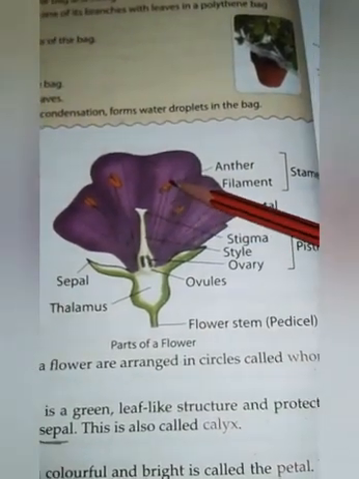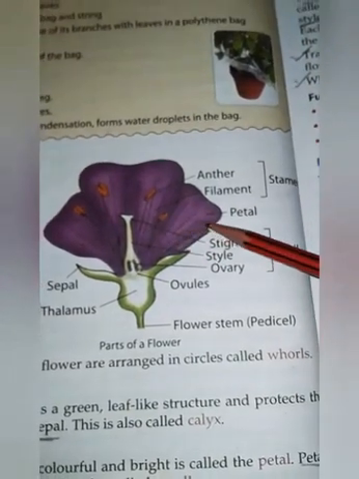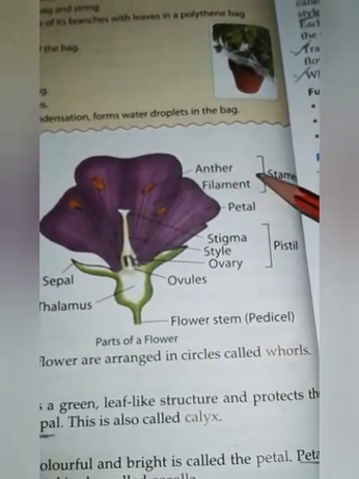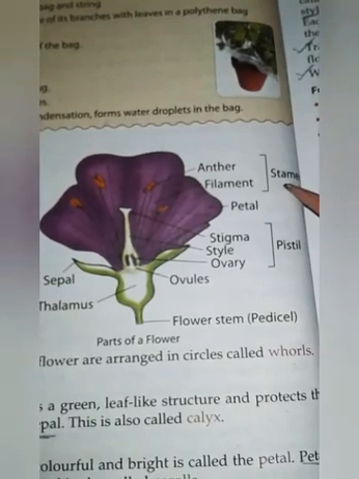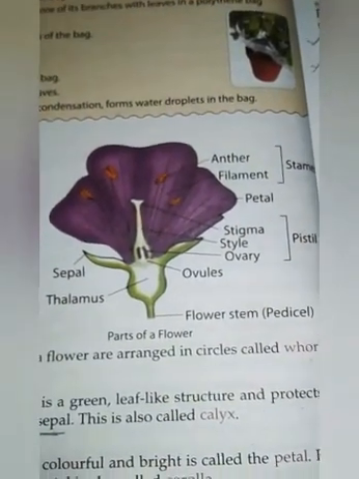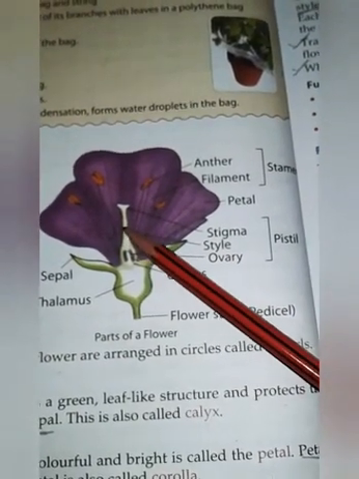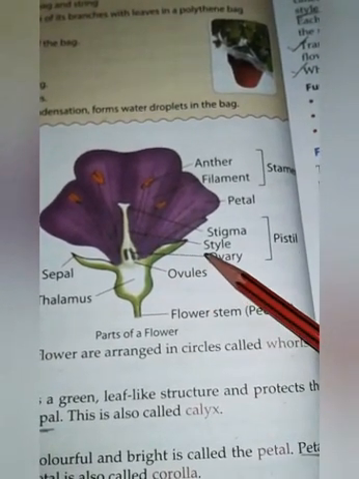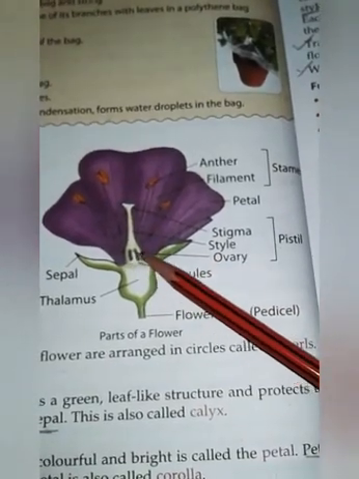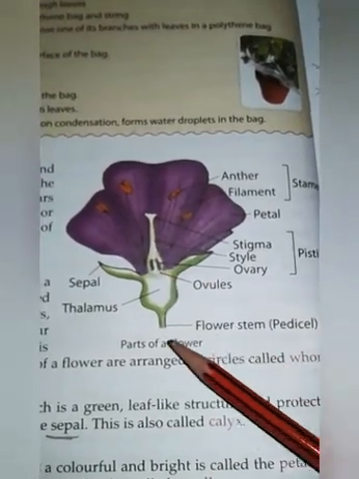So children, this is anther and this one is filament, and anther and filament are known as stamen. Then this purple color is petal, this is stigma, and this cylindrical body is known as style, and this swollen part is known as ovary, and these are ovules.